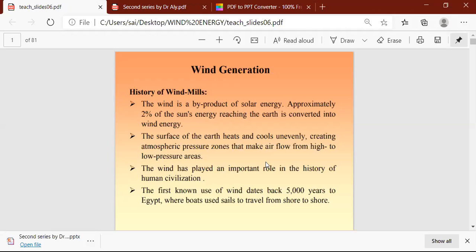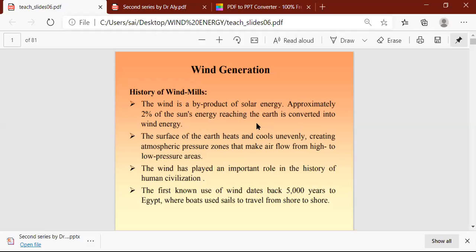Okay, so first we see the history of windmills. See, wind is a byproduct of solar energy. In the last semester we also learned the basics of wind energy and wind turbine power plants. I told you that wind energy is a byproduct of solar energy because whenever the sun hits the earth's surface, 2% of the energy reaching the earth is converted into wind energy.